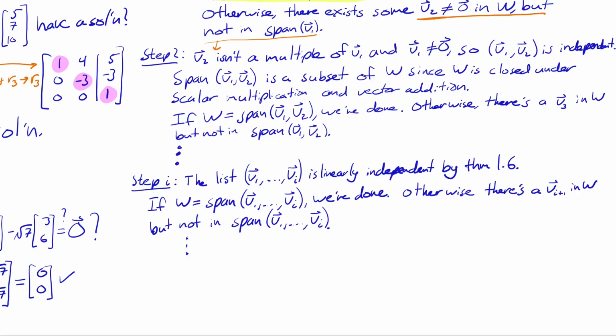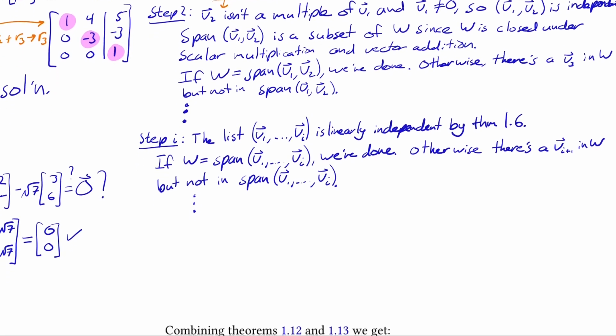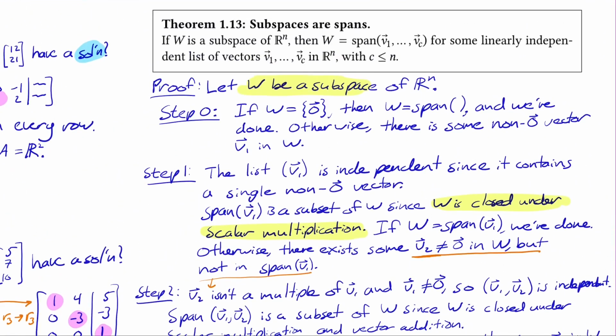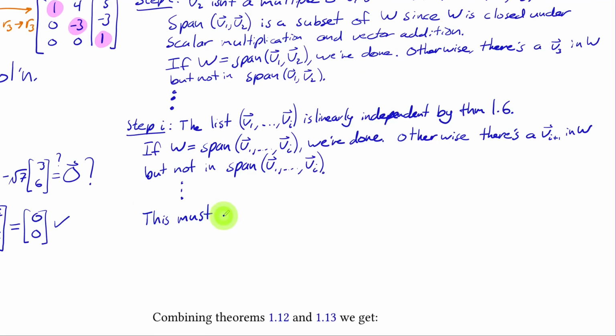But at some point, the i is going to be bigger than n, bigger than the number of entries that are in each vector. Because at that point, you're going to have a linearly dependent list, because a list of more vectors than entries in each is linearly dependent by whatever theorem that was in the last section.